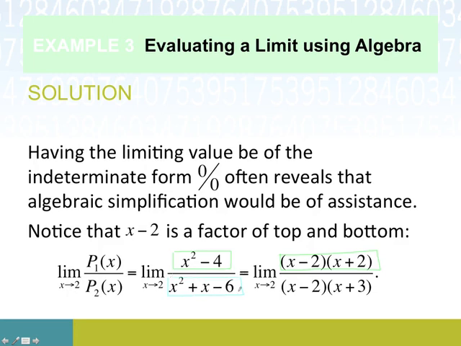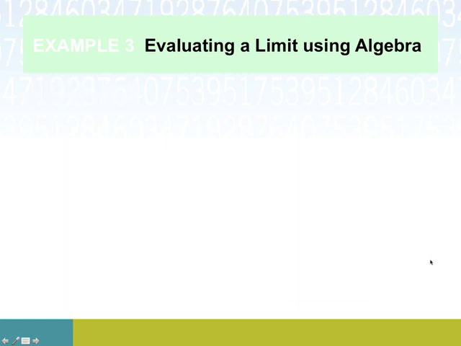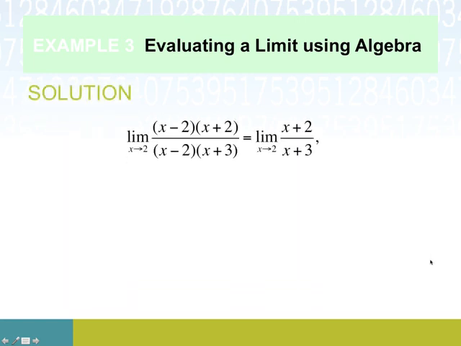That, with some convenient factoring, looks like x minus 2 times x plus 3. And then the great part about that, of course, when you have a factor common on top and bottom, that factor can be removed. So with that factor gone, all that's left is this x plus 2 over x plus 3. And we're going to show ourselves that here just to remind it. So again, these two factors cancel. We've got this expression left over.